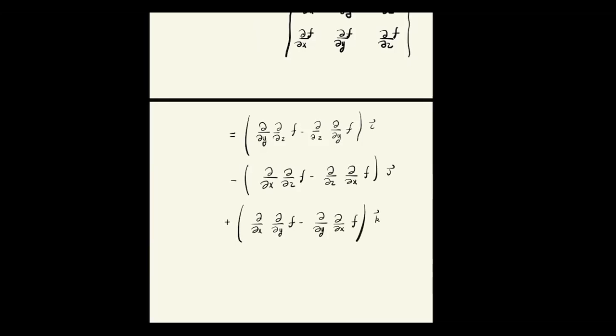This is why we say it has to have continuous second derivatives, because of Clairaut's theorem. Remember the theorem from the first half: if the second partial derivatives are continuous, the mixed partials are equal, so this is always 0, which will be the case in practically all real situations.